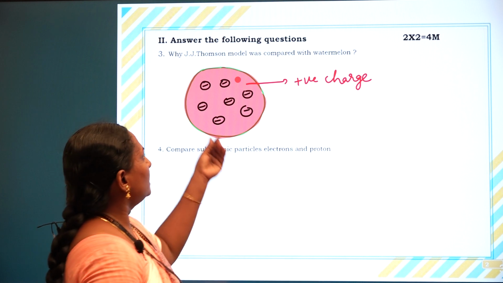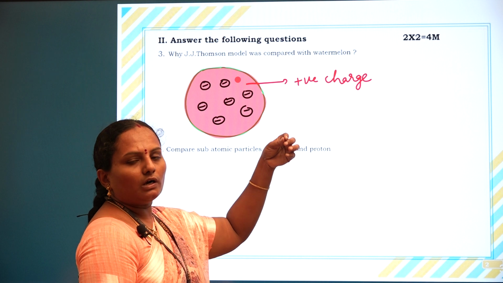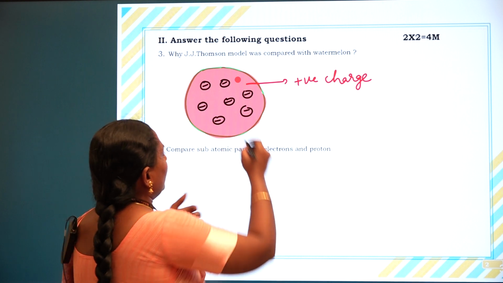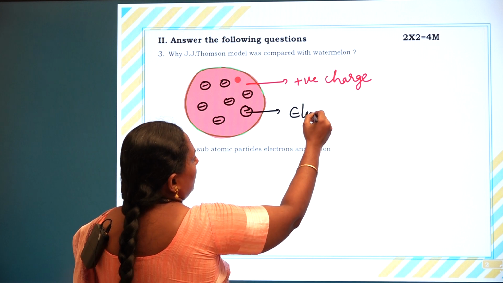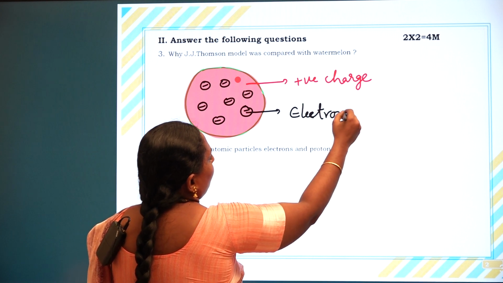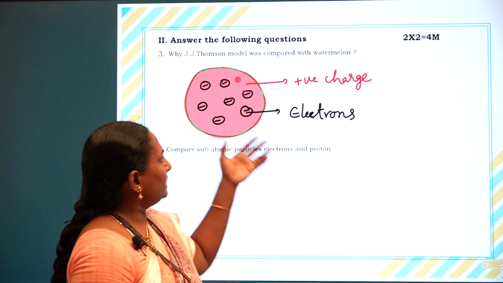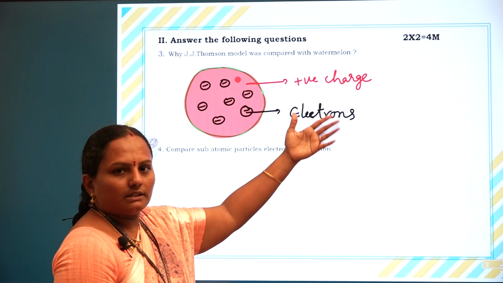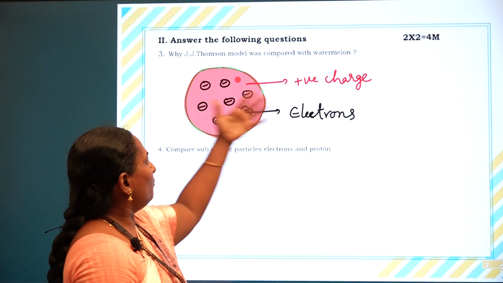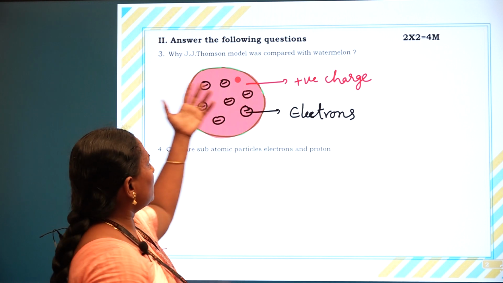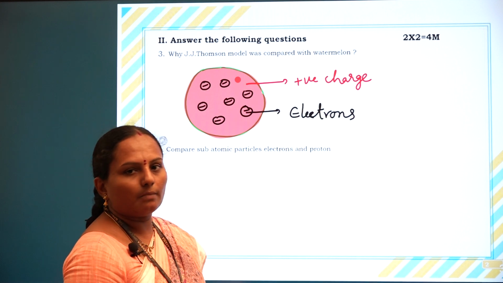He considered the seeds in the watermelon as negatively charged electrons, whereas the red fibrous mass is the positive charge. That's why it is similar to a watermelon, and his model is also called the watermelon model.